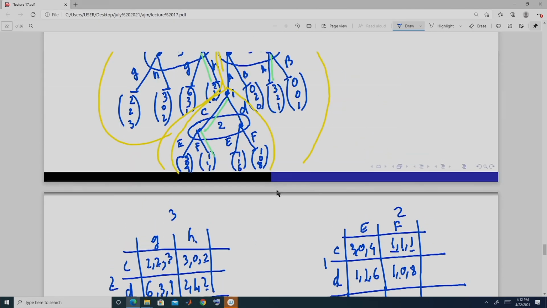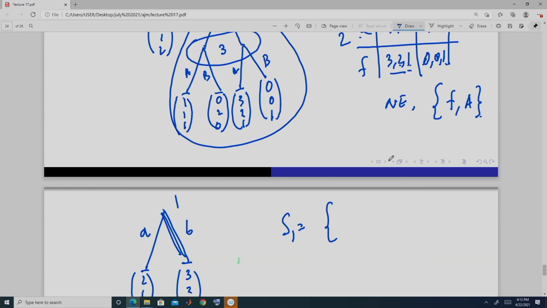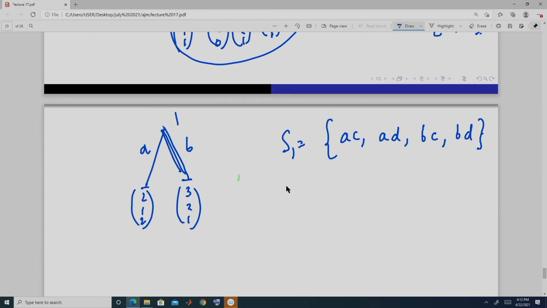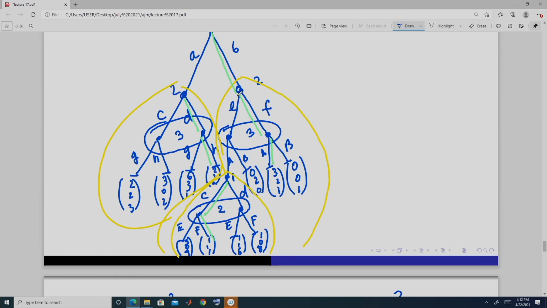Player 1 has two nodes, this and this. So, its action set is AD, AD, BC, BT, two contingencies. For player 2, it is taking a decision here, here, and here. Here its information set is singleton, this is again singleton, but this is not a singleton.